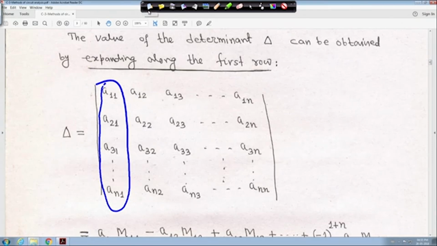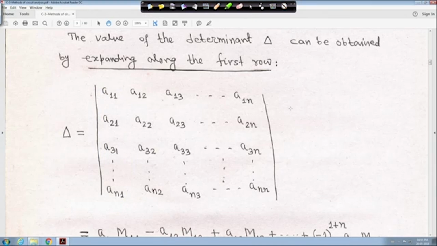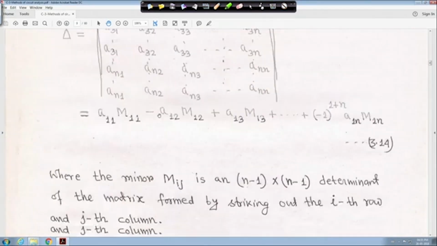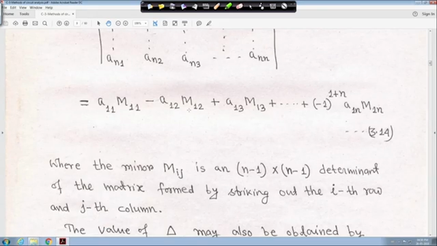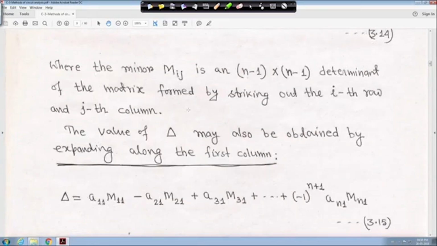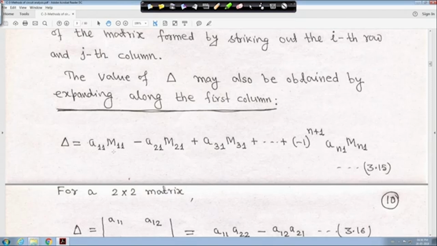So delta is equal to A11 M11 minus A21 M21, because we are moving along the column, right. So expanding along the column: A11 M11 minus A21 M21 plus A31 M31, plus and minus alternately, up to minus 1 to the power n plus 1 An1 Mn1.